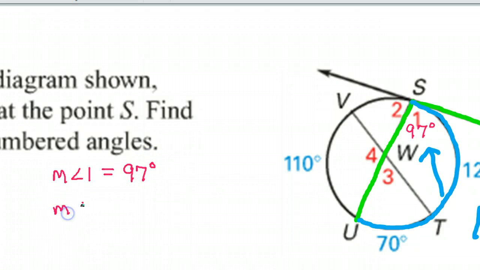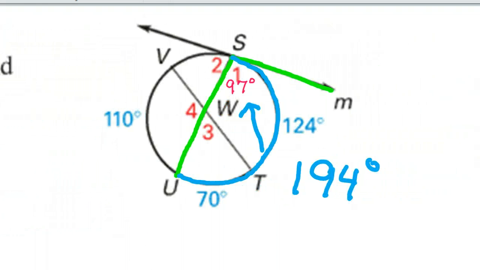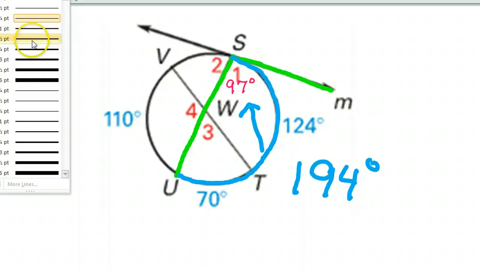And I'm going to need the measure of angle 2, the measure of angle 3, and the measure of angle 4. Now if I have the measure of angle 1, I should be able to find the measure of angle 2 immediately, because angle 1 and angle 2 together form this straight line over here.